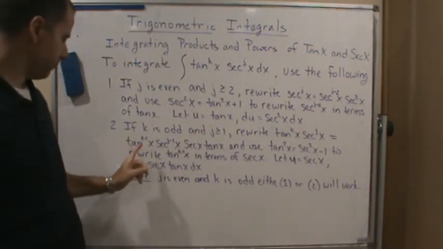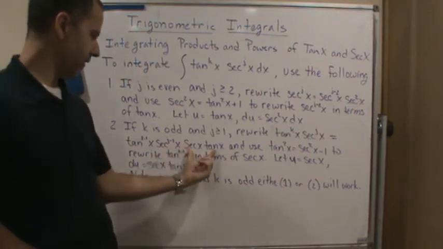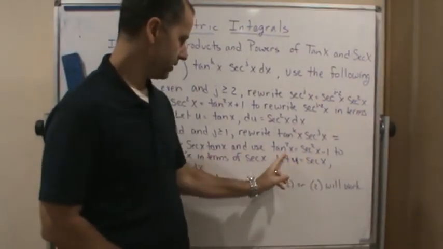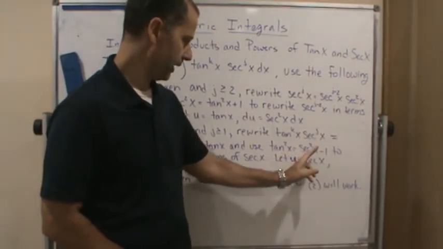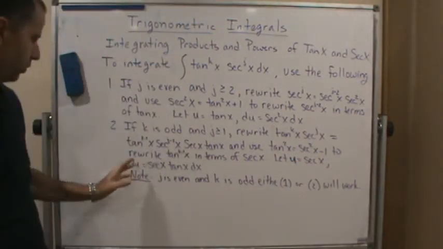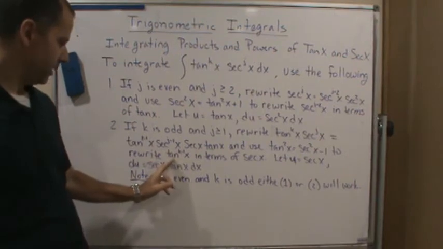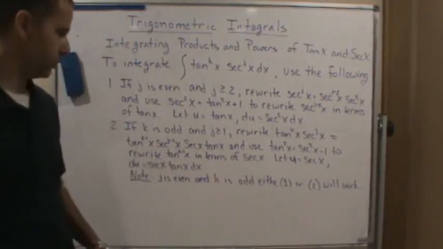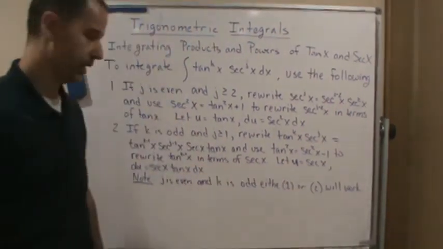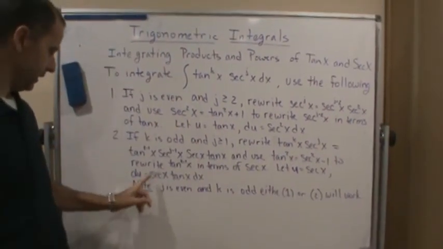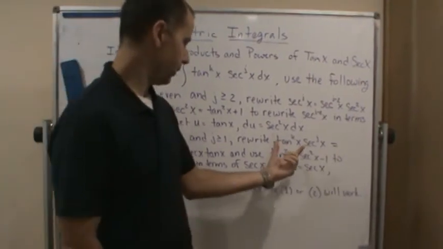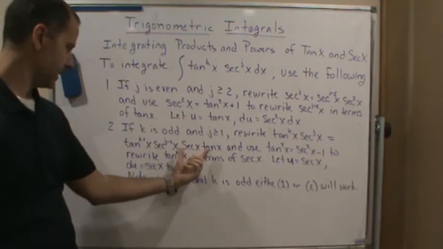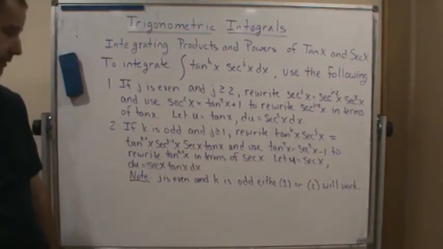So you're going to shave off a tangent and a secant together, and then you're going to use this identity, tangent squared x equals secant squared x minus 1, to rewrite the tangent part in terms of secant, and then you're going to use your u substitution as secant, because the derivative of secant is secant tangent, which is why we shaved off the secant tangent in the first place.